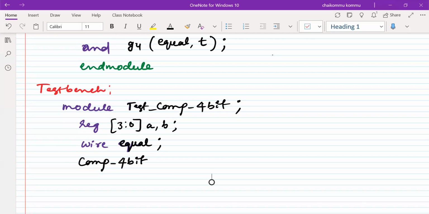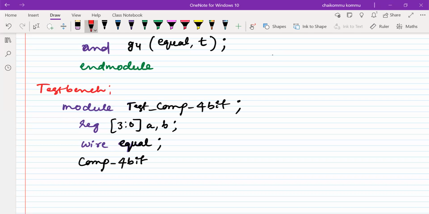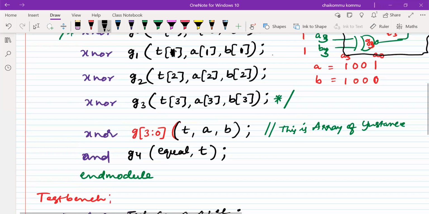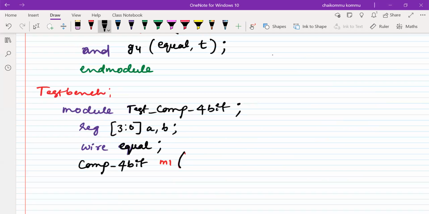In the first module, test underscore comp underscore 4-bit, the name comp underscore 4-bit is not necessary; you can take it as anything. But here it's very important. The name of this module is M1. Then, what variables did I give first? I gave A, B, equal. So I need to write exactly the same way: A, B, and equal.